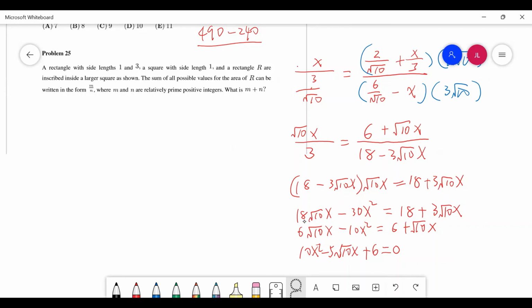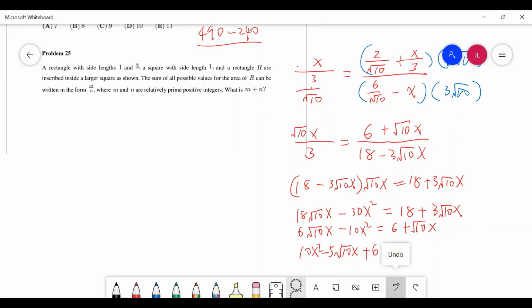So simplify further, we have 18 square root 10 x minus 30x squared equal to 18 plus 3 square root 10 x. Divide both sides by 3, I got 6 square root 10 x minus 10x squared equal to 6 plus square root 10 x. Rewrite in the standard quadratic equation, we got 10x squared minus 5 square root 10 x plus 6 equal to 0.